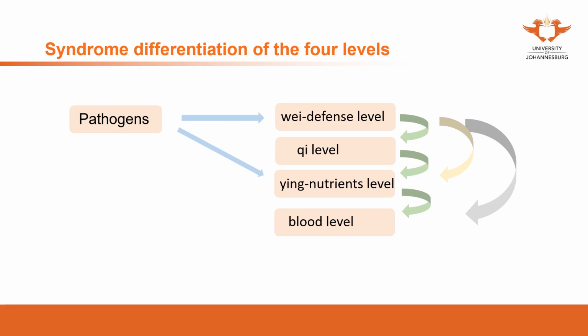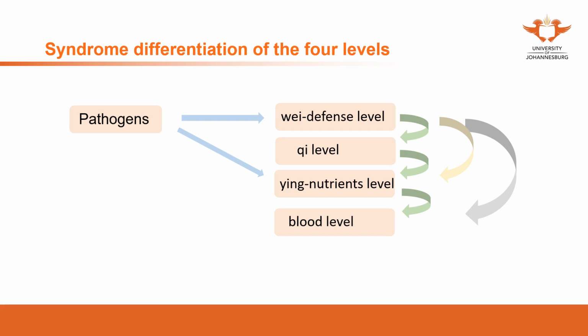The pathogen in the Wei level also can develop into the Yin level directly or the blood level directly. So from this diagram, you will see the causes. Where does the pathogen come from in each level?